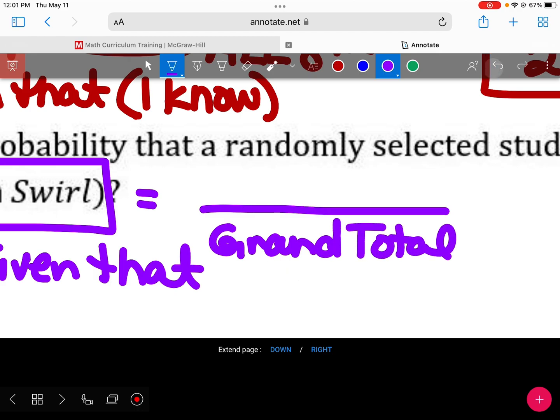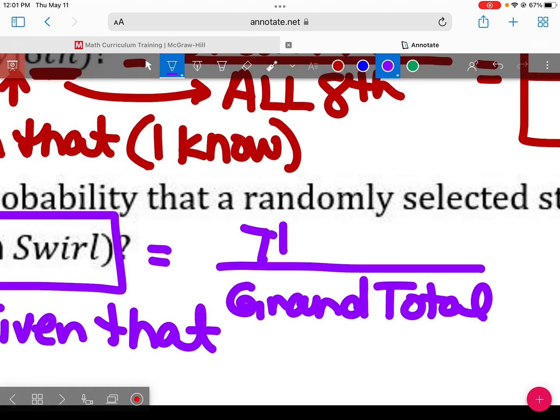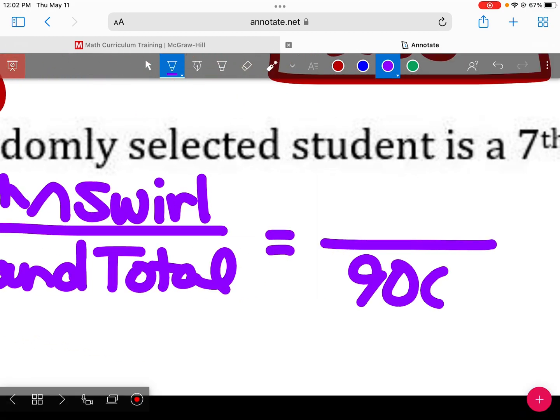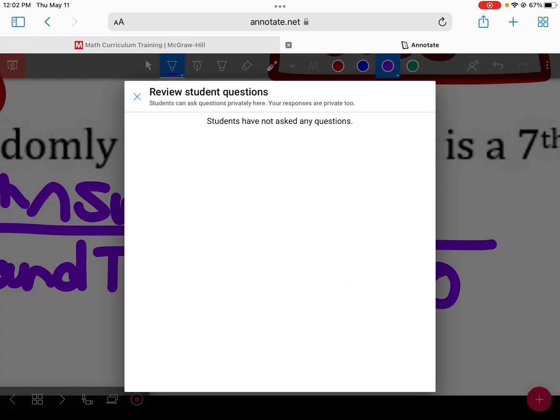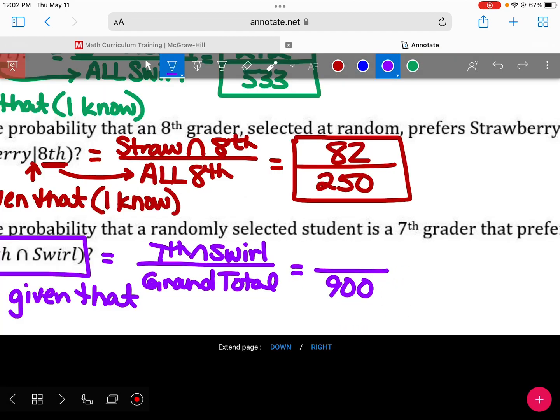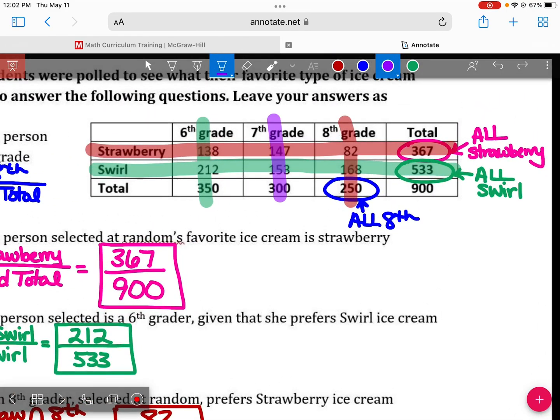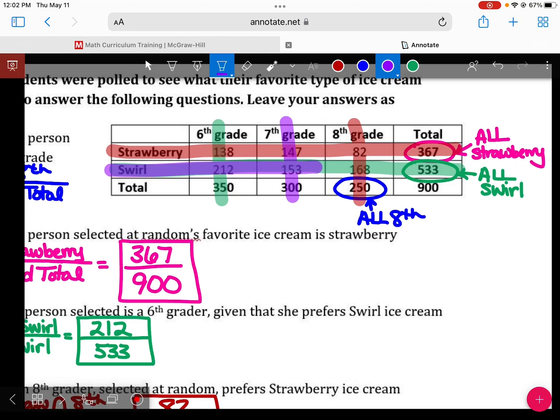And the numerator is going to be the intersection of 7th grade and swirl. So what will my denominator be? 900. And then I want to see where 7th grade and swirl intersect each other. 7th grade, swirl, 153.